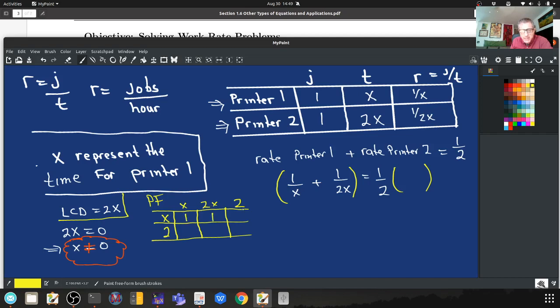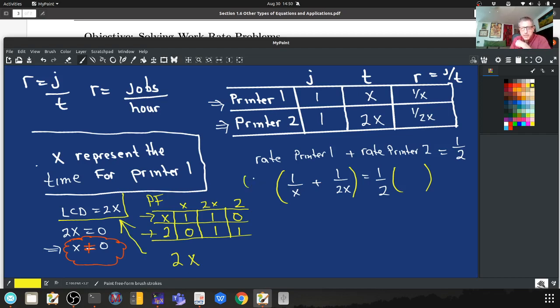Once. How many times does it appear in 2? Not at all. How many times does 2 appear in the first denominator? None. In the second? 1. And 1 in the last. So remember, my LCD is my prime factors, 2 raised to some power times x raised to some power. For 2, the power is the largest number that occurs in this row, and that's 2 to the first. For x, it's the largest number that occurs in that row, which is 1. So it's 2 times x, and that's how we got it.